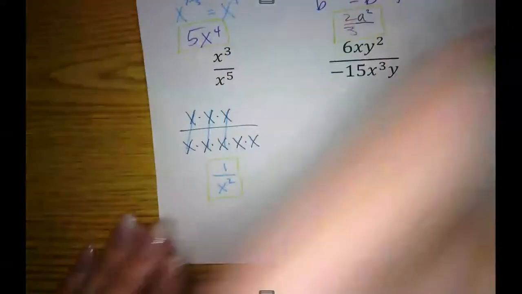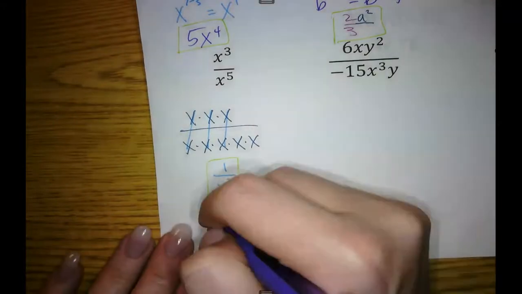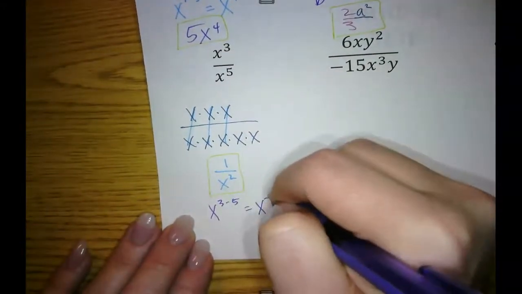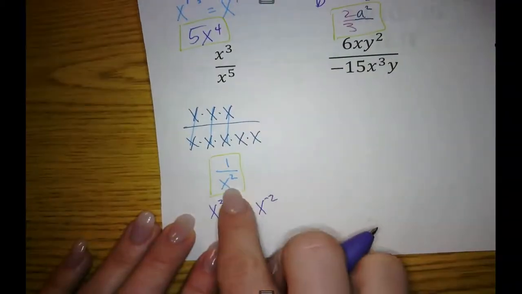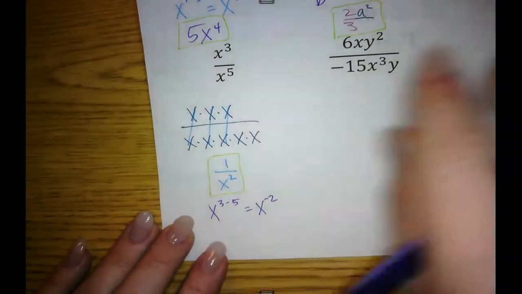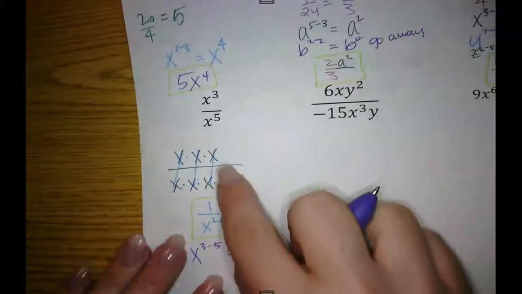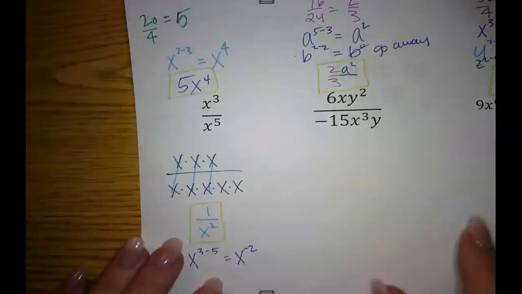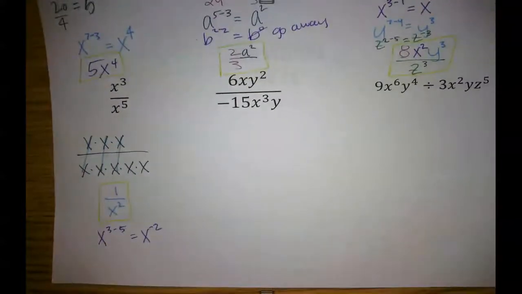Okay, so if I had done it the other way like we were doing, I would have done x, 3 minus 5, and that's x to the negative 2. Remember that negative means it goes on the bottom. So you can do all of this by drawing out all of your variables and marking them off, or you can do the subtraction way. Either way works.